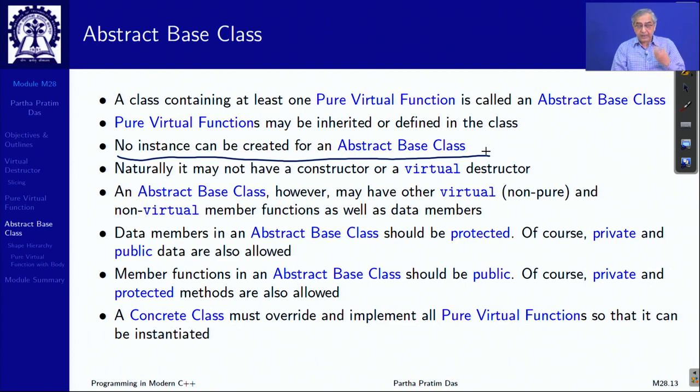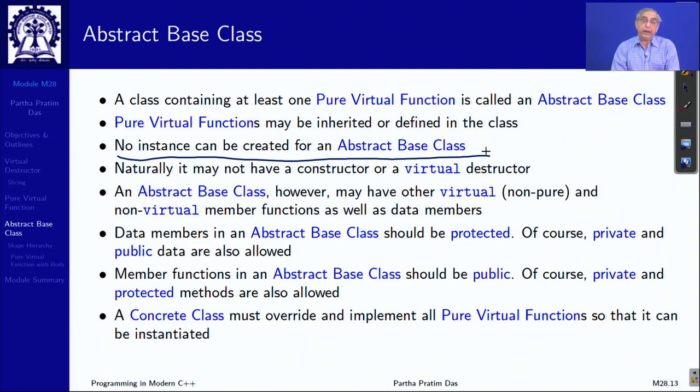So, an abstract base class is one which has at least one pure virtual function, because if you have at least one, then you cannot instantiate an object, but it can have other data members, it can have virtual and non-virtual functions, in all kinds of specifiers and all that.